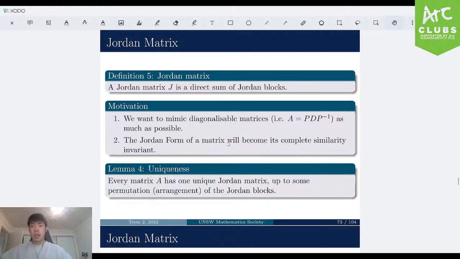All right. And lemma 4 is about uniqueness. That's just essentially saying that for any n by n matrix A, we can always find a Jordan form. And furthermore, it will be unique up to a certain extent. Why is that phrase there? Well, that's because if you recall, the Jordan matrix is just a direct sum of a bunch of Jordan blocks. So for example, I could say it's a direct sum of J2 and, let's say, J3(-1).